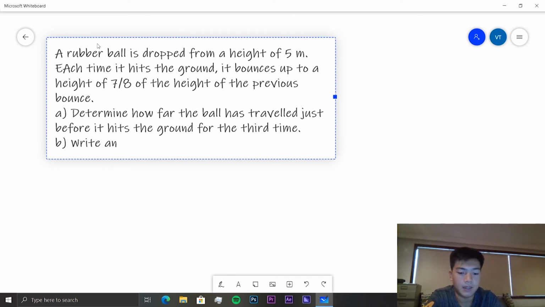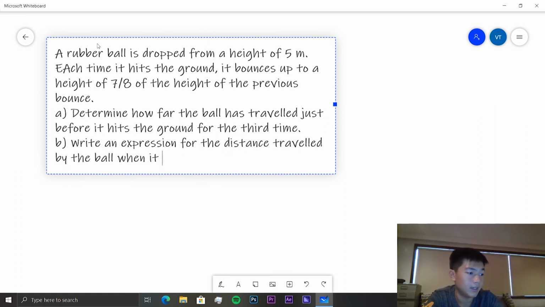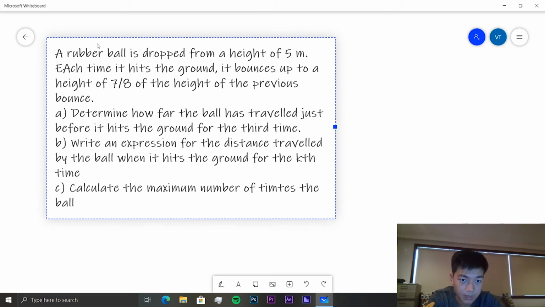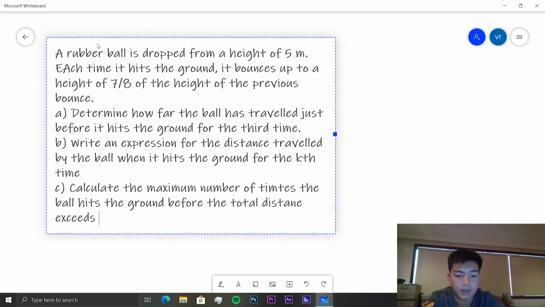Next, write an expression for the distance traveled by the ball when it hits the ground for the kth time, and C, calculate the maximum number of times the ball hits the ground before the total distance exceeds 39.5 meters.